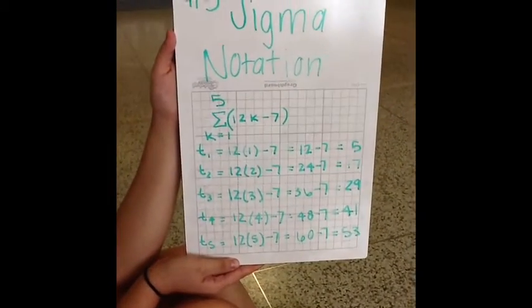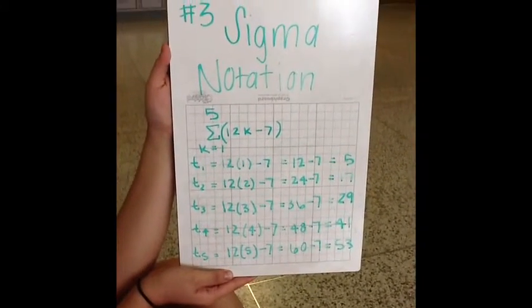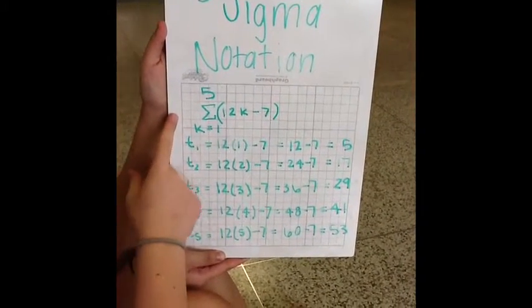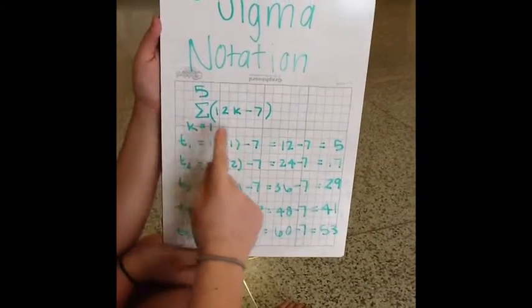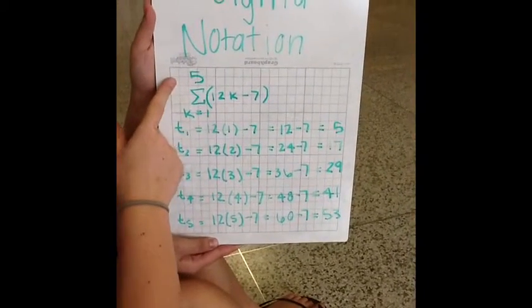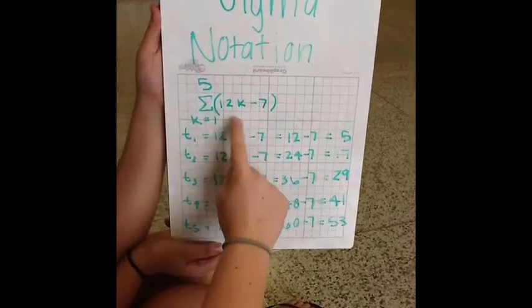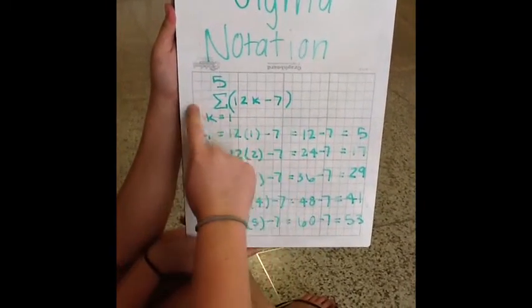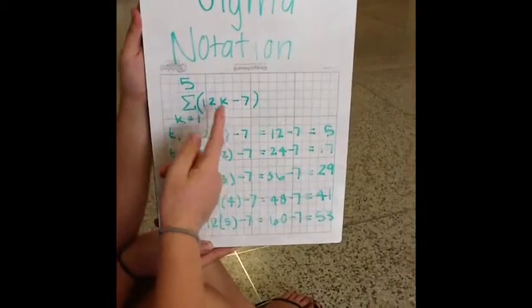Third thing to know for Algebra 2 is sigma notation. This will be your function, and you start at k equals 1, and this is going to show where you're going to stop, and for each term, you plug in this number for k.